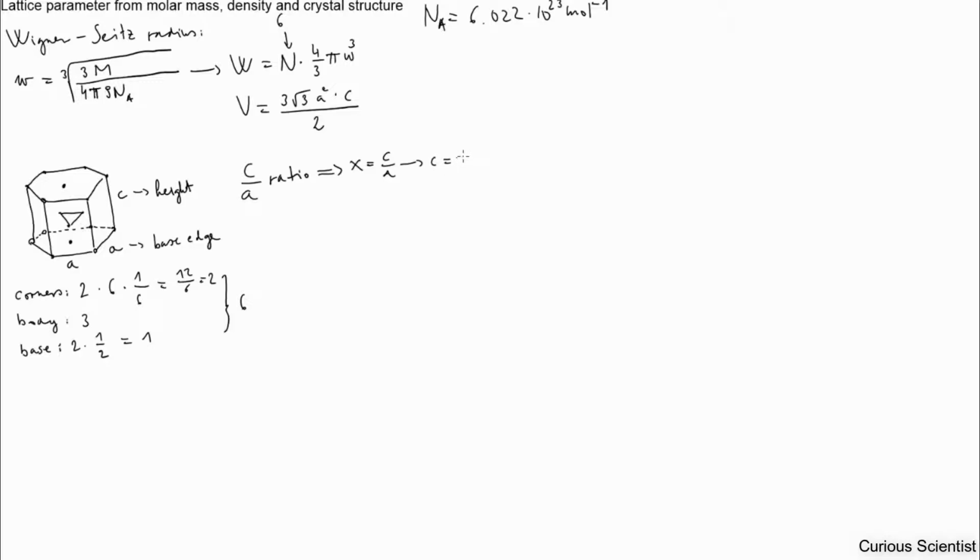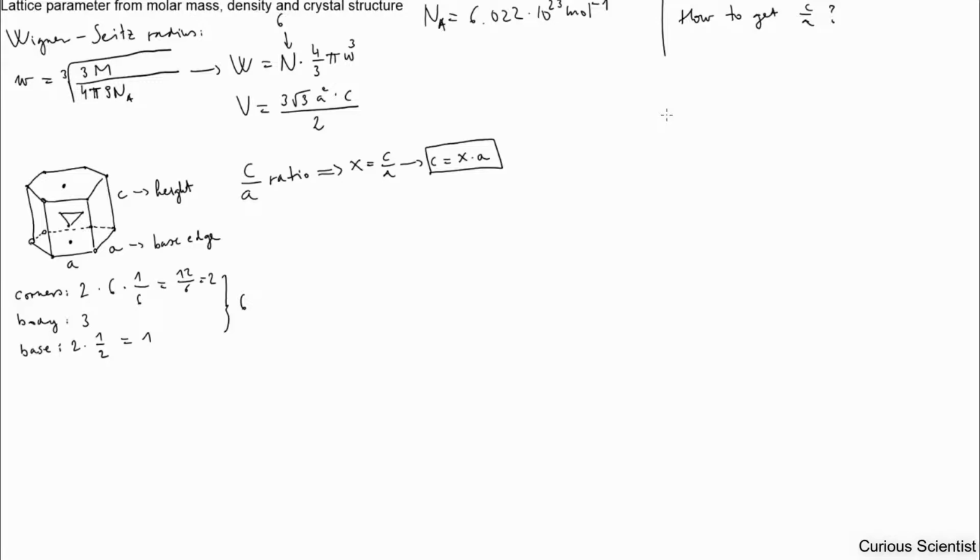So c equals x times a, just to make some equations simple in the future. But the question is how to get c over a. And this is a very popular exercise in exams, because you have to use your brain a little bit to set up all the mathematics for this.